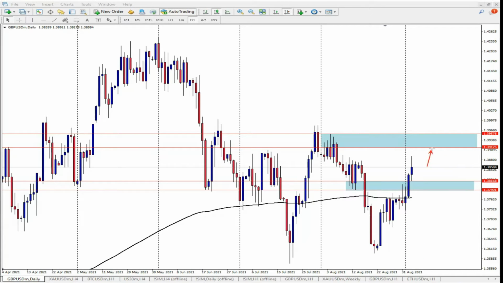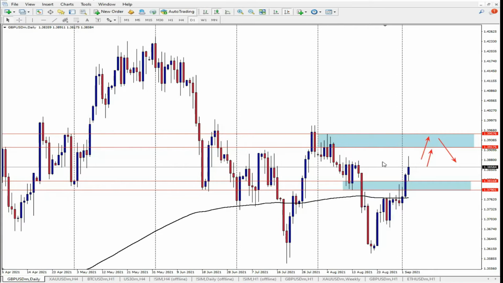Our bias is bullish. We're expecting price to push all the way into this zone before we can experience some reaction to this area. So a push to 1.3917 to 1.3957 area, then probably we can expect some reaction in that zone towards 1.3866 area.